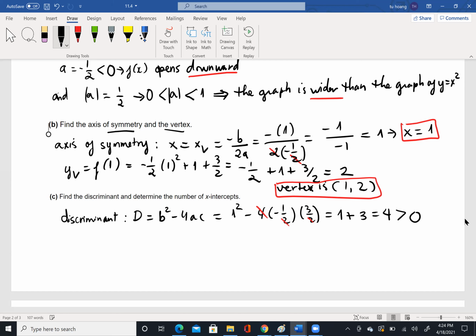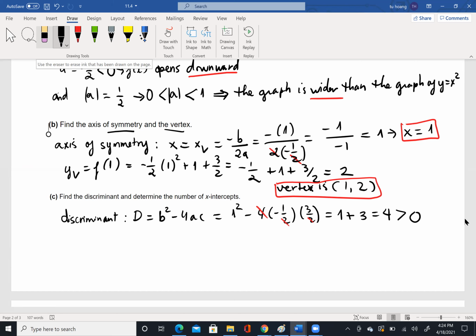Since the discriminant is greater than 0, usually if you have an equation of the quadratic form, then you have two solutions.